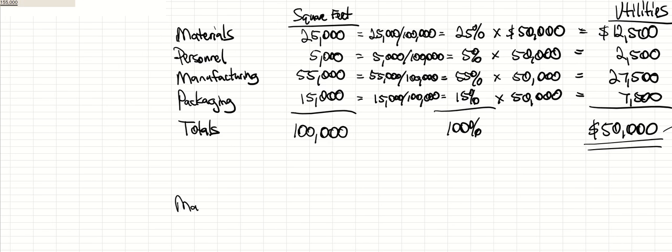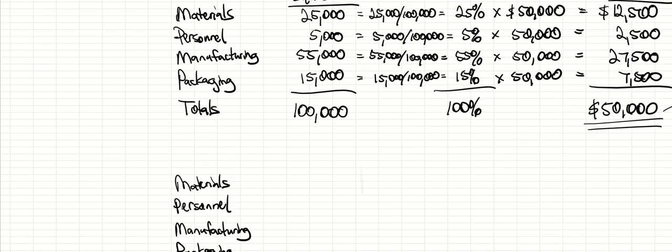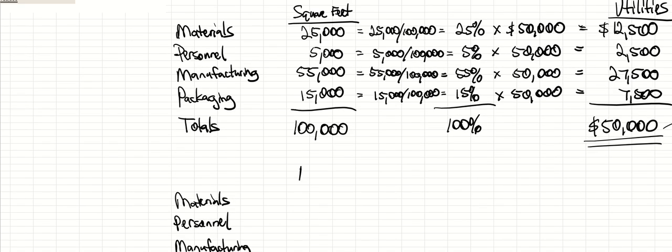Go ahead and just set up this chart here. So materials, personnel, manufacturing, and packaging. Now, this is going to be asset values that we're going to be using as the allocation base.